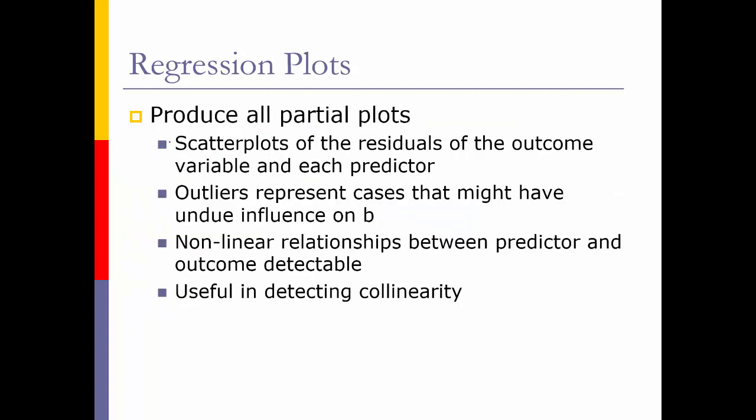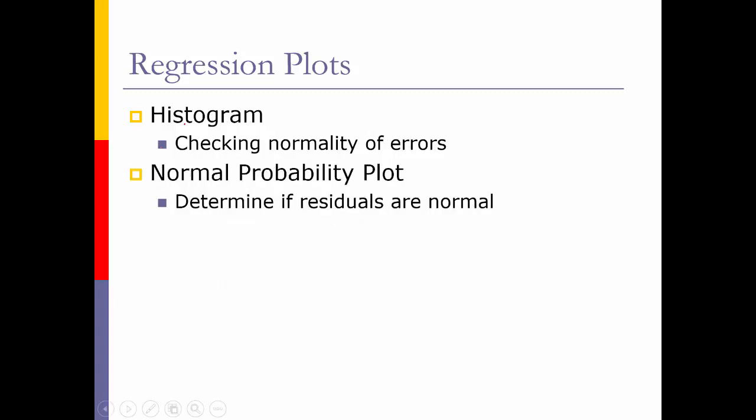So those are the 2 that you want to pull up when you do regression plots. The regression plots it will produce are scatter plots of all those residuals. You might be able to see the outliers, and you might be able to see if there's any type of nonlinear influence. Sometimes these regression plots are really useful in detecting some type of collinearity or multicollinearity. The regression plots can also give you your histograms, so you can check your normality of errors, and your normal probability plot, again for normality of errors.